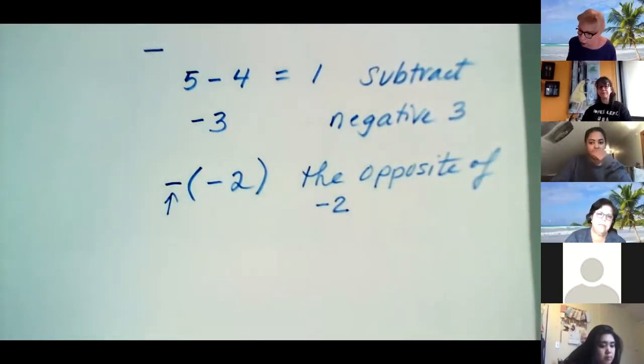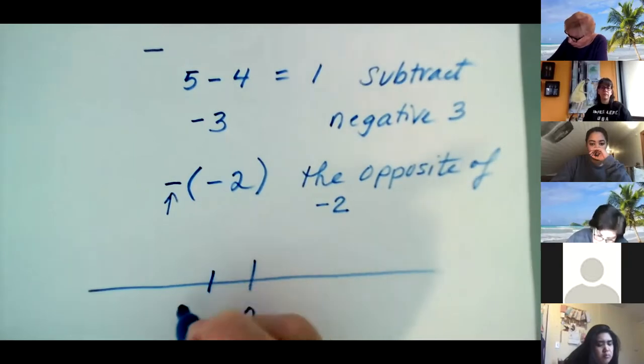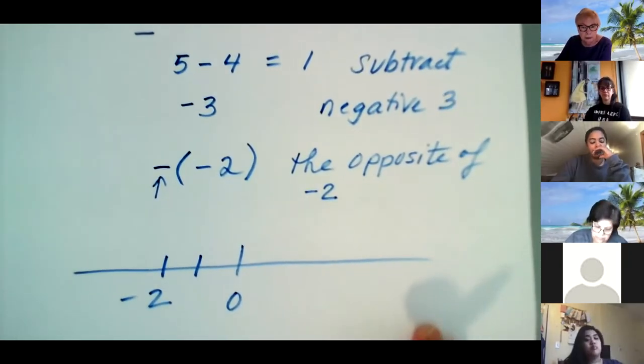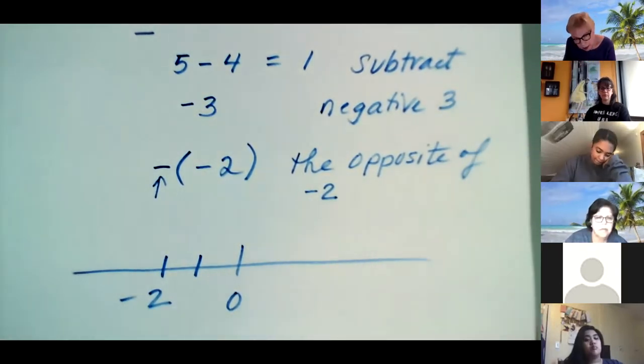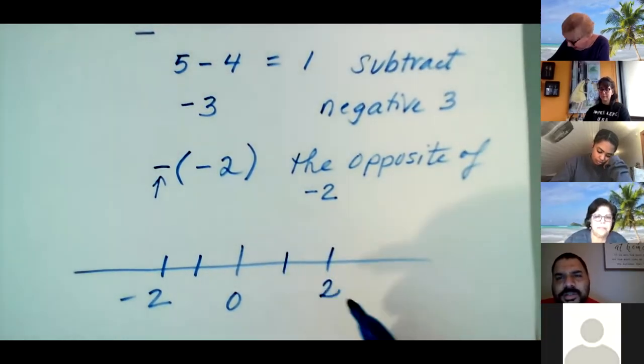And does anybody have a clue about what that answer would be? Here's 0. Here's -2. What do you think could be the opposite of that? +2. Correct. It's a negative, and a negative is always a positive, right? That's right.